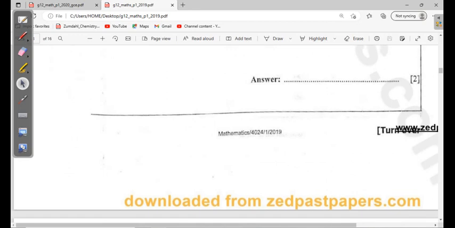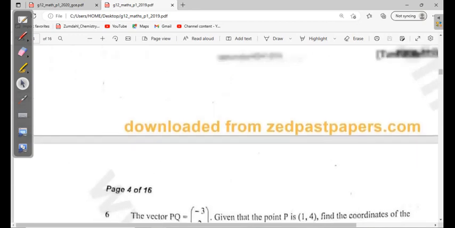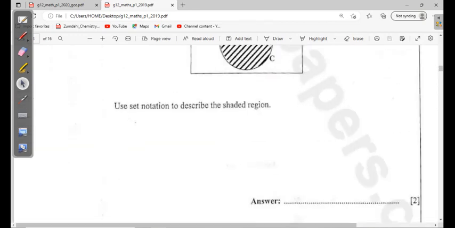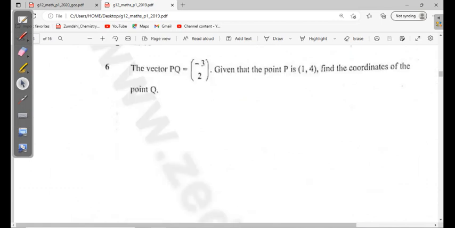Question 6 is saying the vector PQ is negative 3, 2. Given that the point P is 1, 4, find the coordinates of the point Q. We need to know a very simple way of working out vectors. Whenever you are talking about vector PQ, we mostly use a line on top to show that it's a vector.